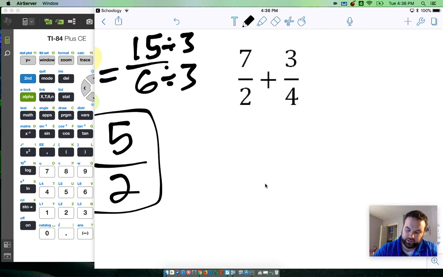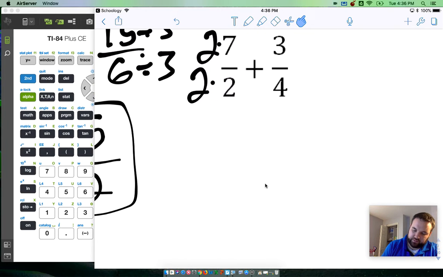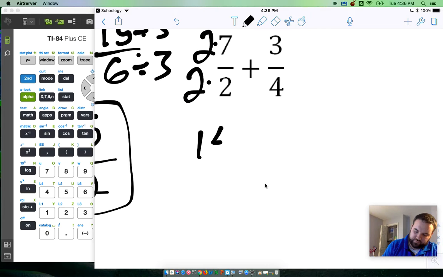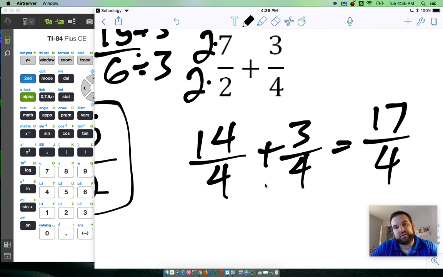And then finally, if we're adding, it's the same as subtraction. I need these denominators to be the same. So I'm going to multiply by 2 on top and bottom. What that's going to allow me to do then is write the first fraction as 14 over 4 plus 3 over 4, and that'll give me 17/4. 17 and 4 don't have anything in common, so that is fully simplified.